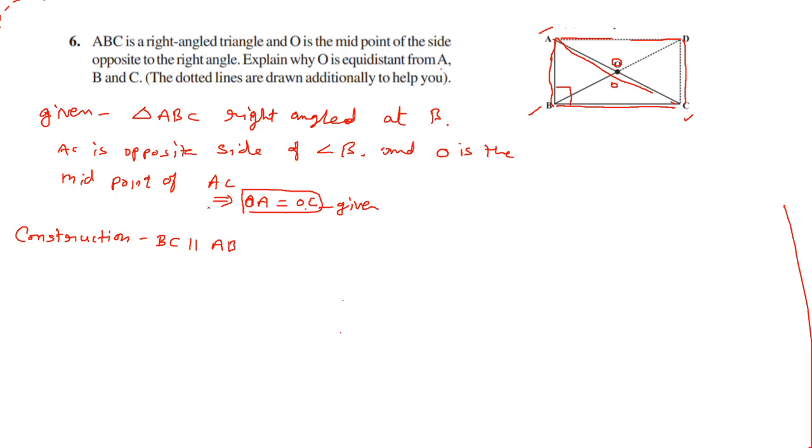BC is parallel to AD, and AB is parallel to DC. So this implies that ABCD is a parallelogram.